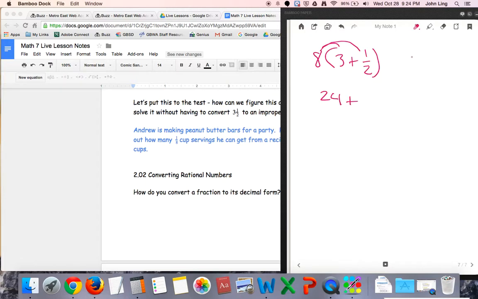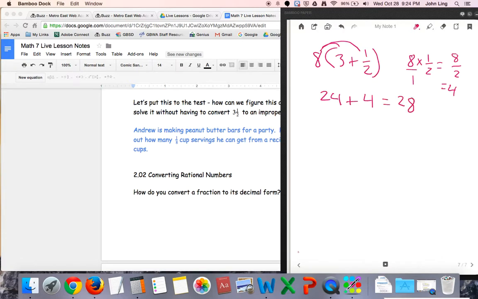I'll do this over here. 8 times 1/2, okay, this is 8/1 times 1/2, which is 8/2, which is the same thing as 4, because 8 divided by 2 is 4. So 8 times 1/2 is 4. So 24 plus 4, which equals 28.